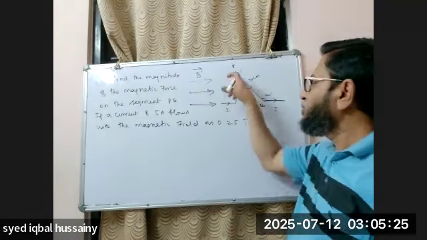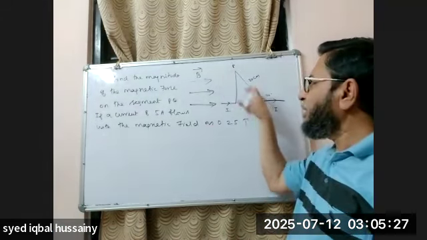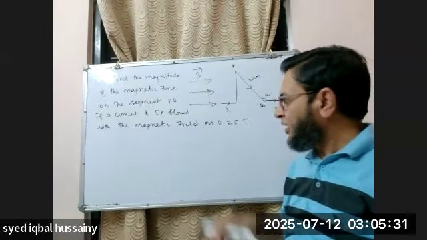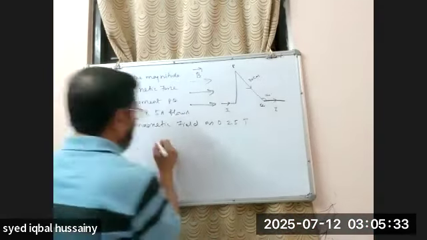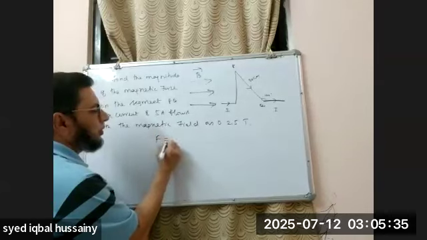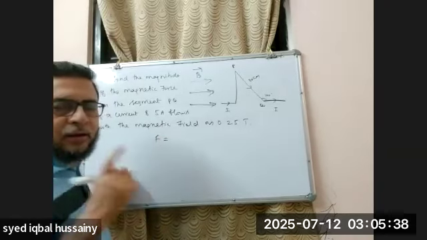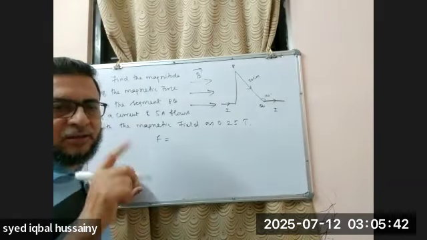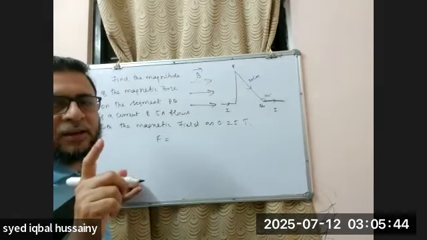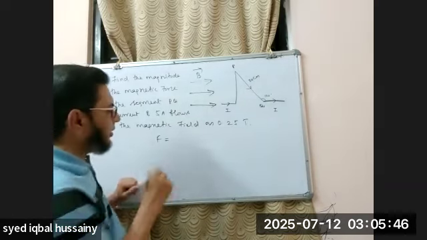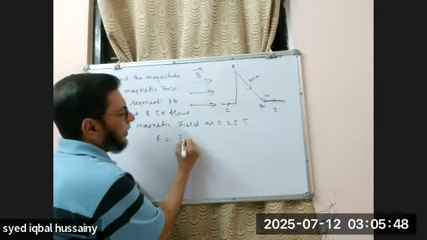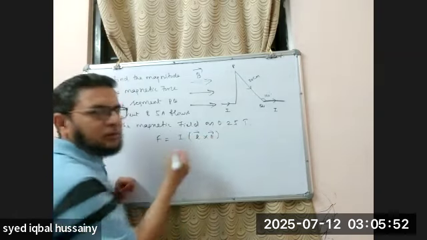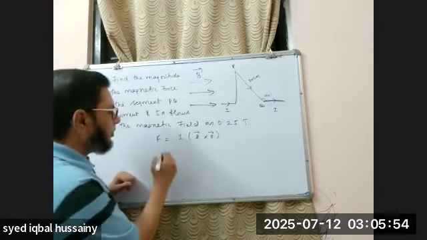But the PQ is making some angle with the magnetic field. So what is the angle? We know the formula, force F equal to I L cross B. This is in vector form.